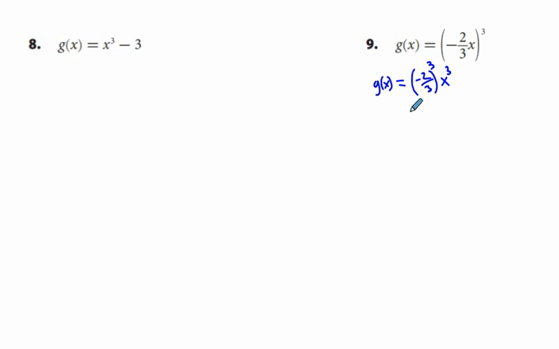And we cube this negative 2/3 cubed, we have negative 8 over 27 x cubed.